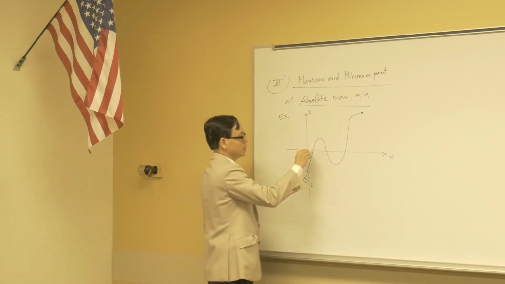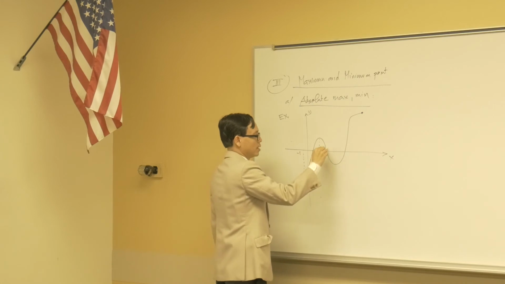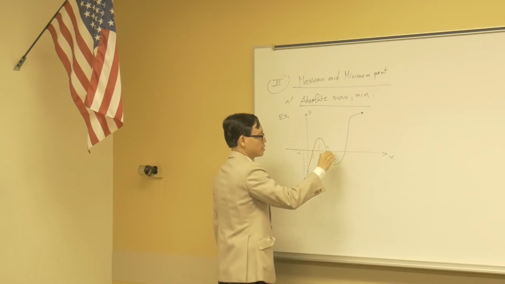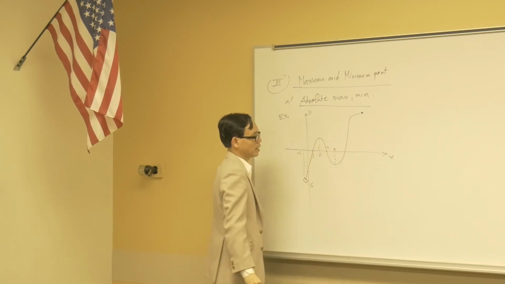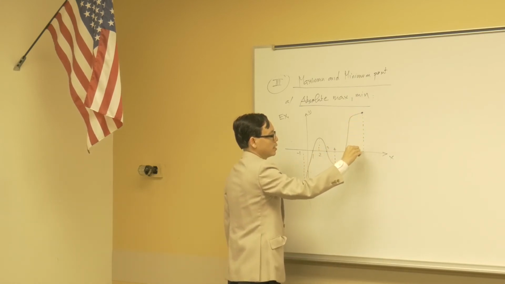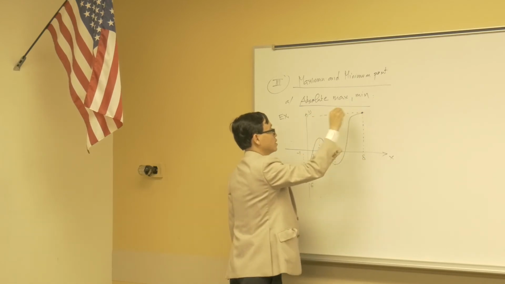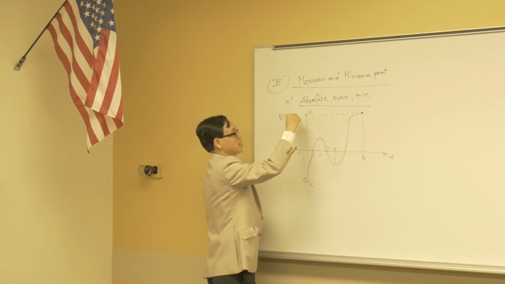Over here is 1, here is 2, here is 3, here is 4. And here the coordinate is 8, and this one is 8 here, so this is 8, 6.